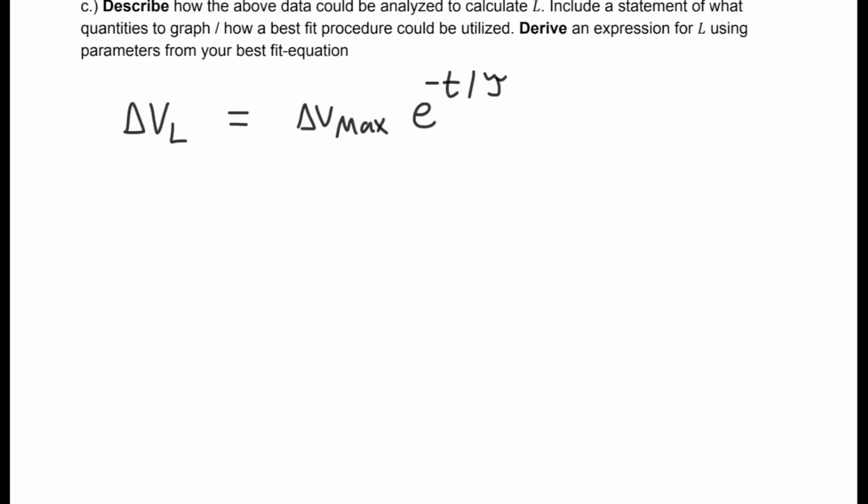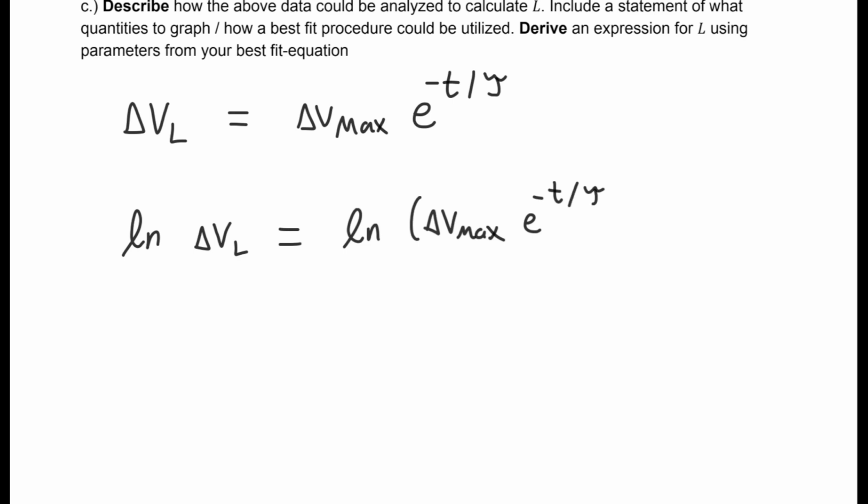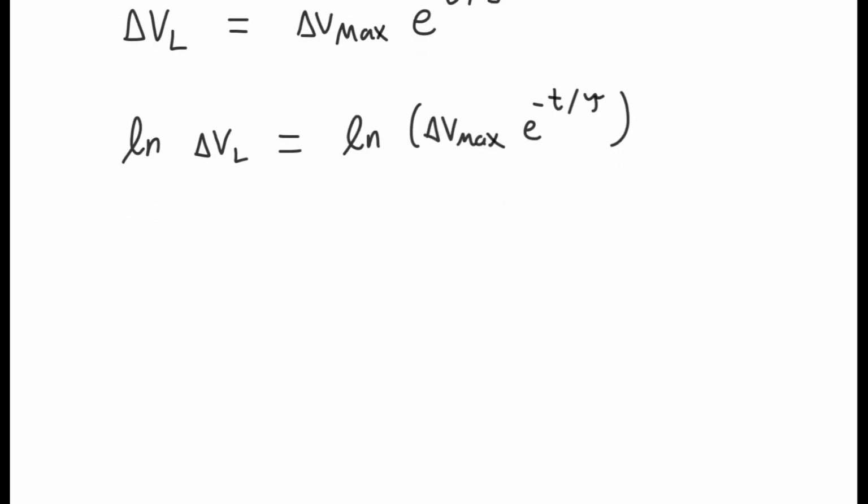And just like with capacitors and RC circuits, the thing that makes this linearizable is to take the natural log of both sides. So I'm just going to take the natural log of both sides. And then we'll just do some log properties here. So we're actually done messing with this side of the equation.